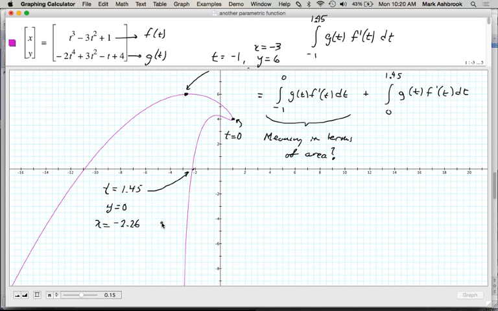Okay. Y value. Right? Okay. Right, so this is, right? Okay. So what's the meaning of this value, this whole thing, in terms of areas in this picture?